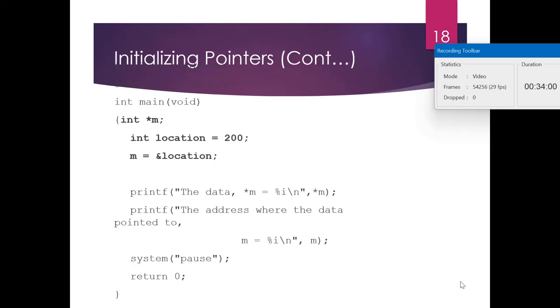Value of this location. The address of where the data is pointed to, m equal value of the m. M is the address of the, it should return the address. I think you can understand this output. You have to try this one and try to understand the output of this program.